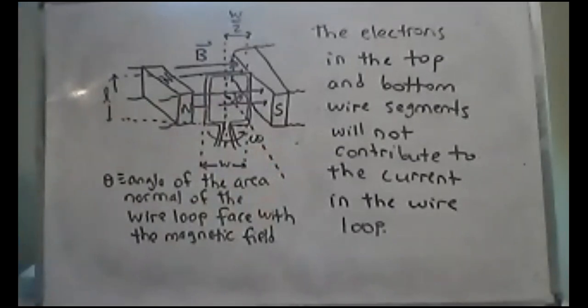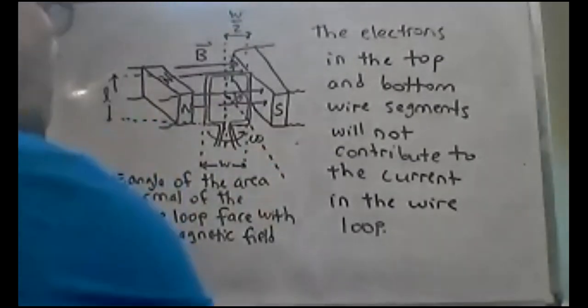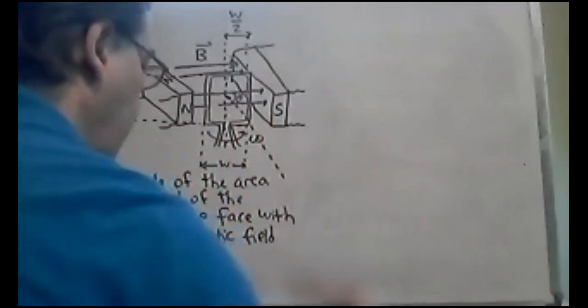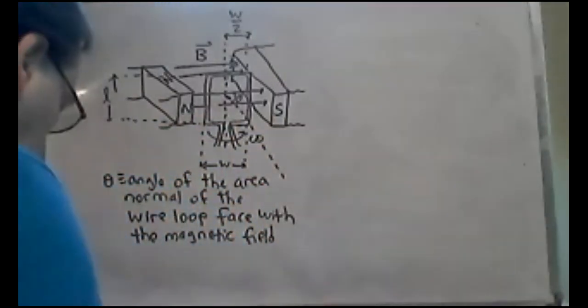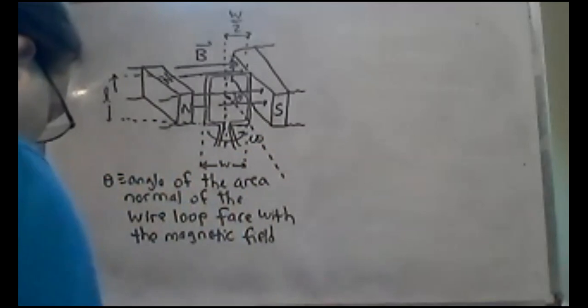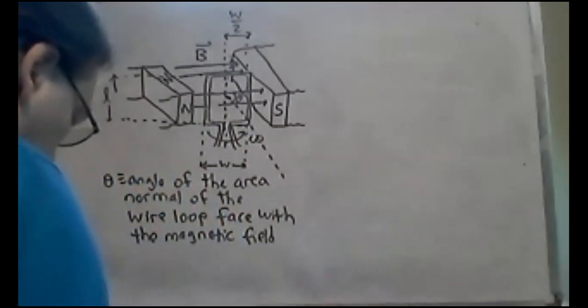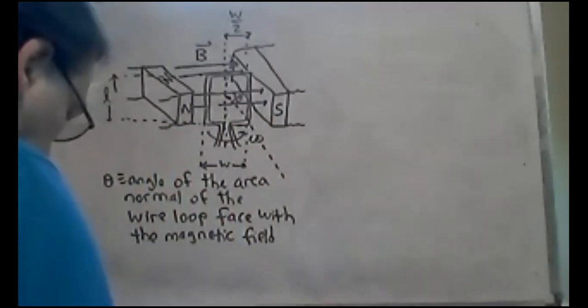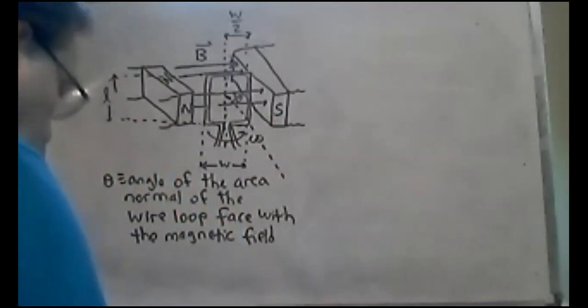All right, and so the top and bottom wires, again, this is just like the example of the last problem I worked out. What was that problem? Let's go back to it here.